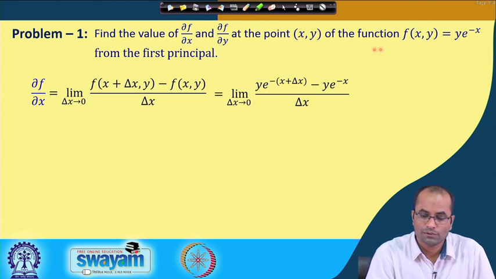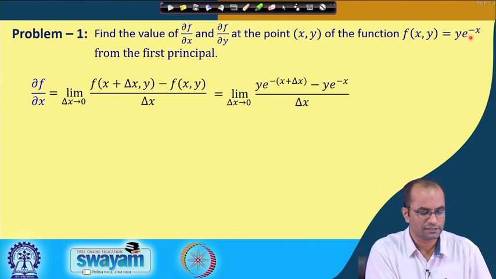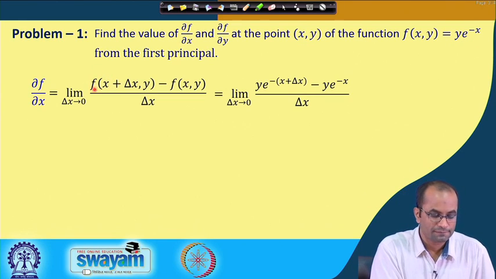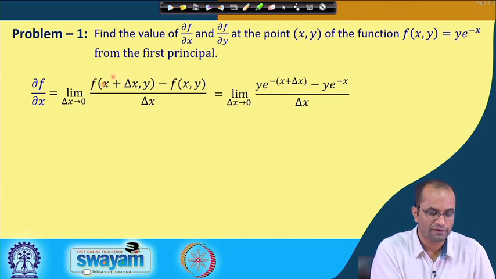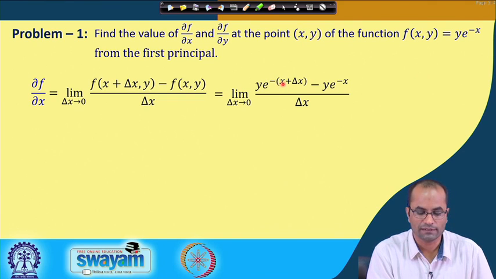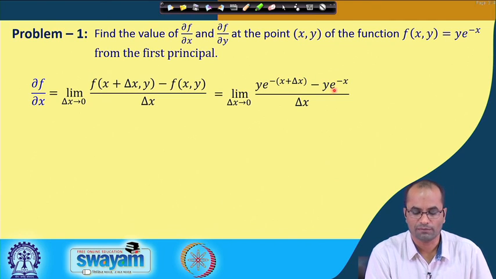So, in this case, for x plus delta x, y, it will become y, and instead of x we will have x plus delta x, so e power minus (x plus delta x), minus the function value at x, y, which is y e power minus x, divided by delta x.